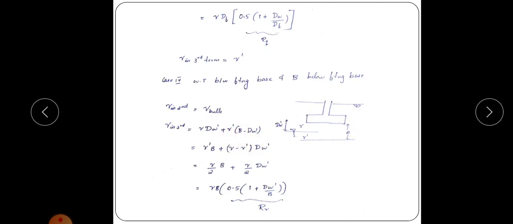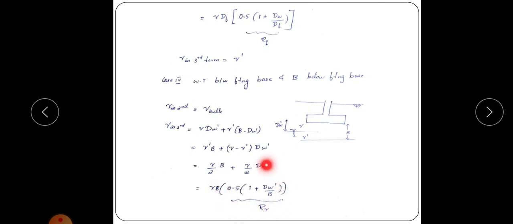And as in the previous one, you rearrange by taking the b term and dw dash term. Okay, and replace gamma minus gamma dash as gamma by 2, and it will become gamma b into 0.5 into (1 plus dw dash by b).